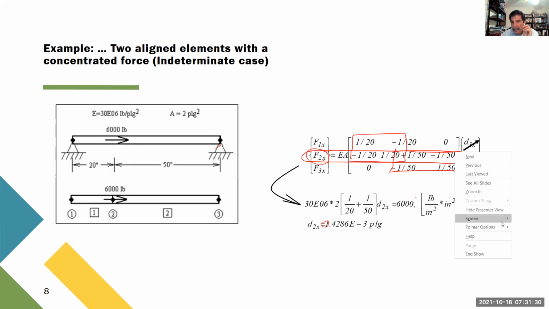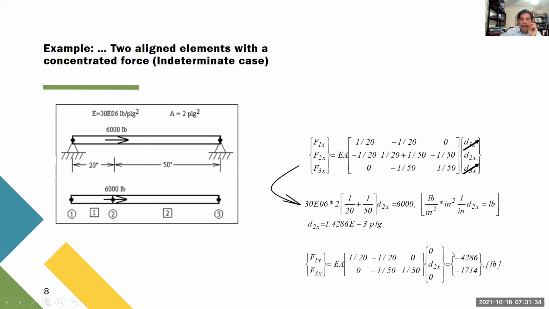So you have to review this in detail later on, okay? And then there's the second subsystem. So this is the first subsystem, and this is the second subsystem. What we have to do right now is multiply. D1, D3 are 0, D2 is this thing, so we know this vector. So we can multiply by the first and by the third equations. We can get the unknown forces, external forces, which are the reactions.